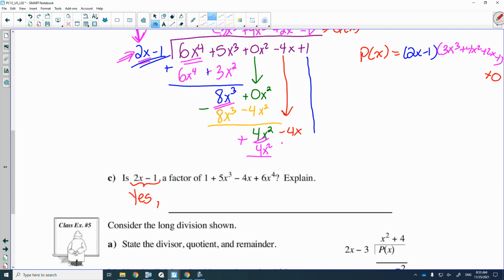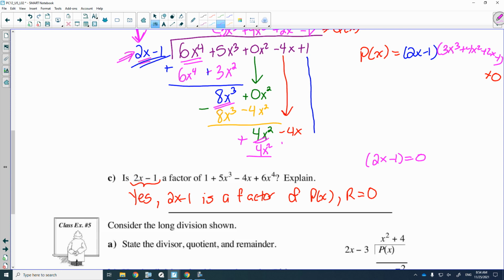This is a factor. So it is a factor of p of x. How I know it's going to be a factor of p of x is the remainder is equal to 0. What we're eventually going to do when we find all our factors is you are going to set your factors equal to 0.